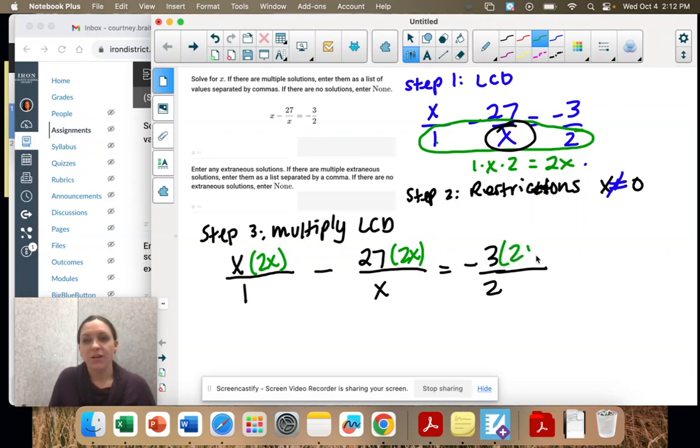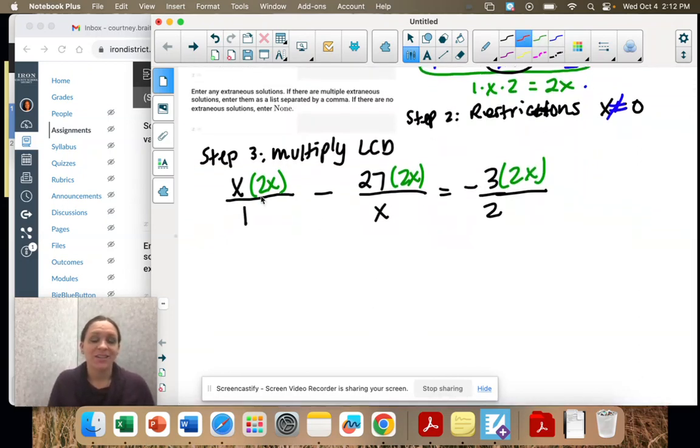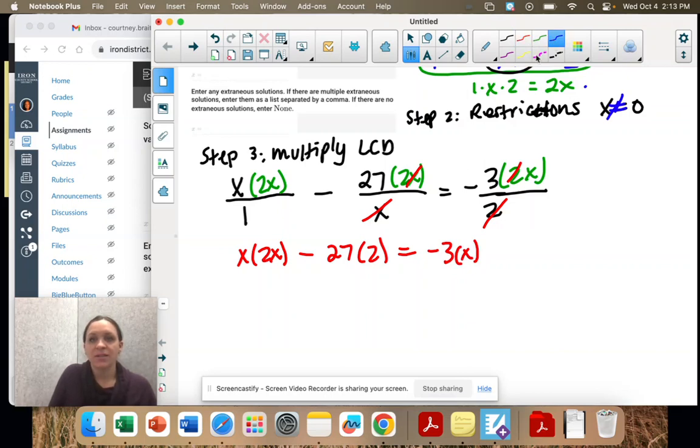And when we do that, our fractions go away. Yay, no more fractions. Our first one, we have x times 2x minus, here the x's go away, and we have 27 times 2 equals, and here our 2 goes away, and we have negative 3 times x.